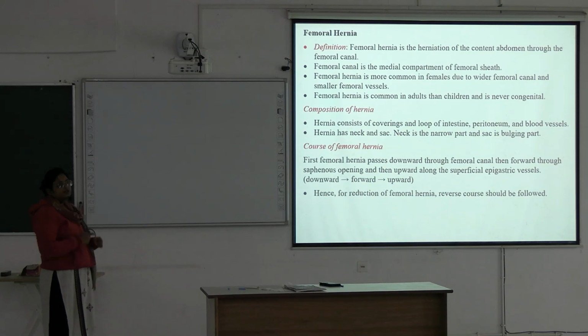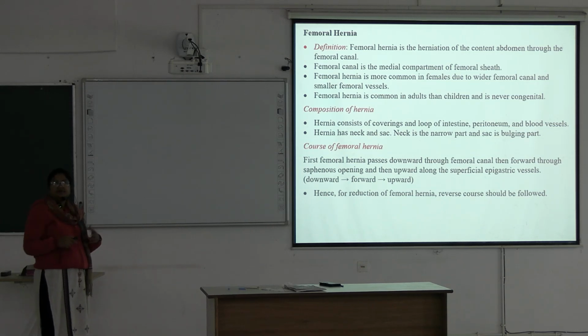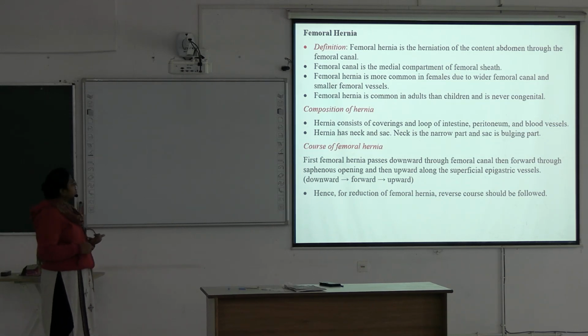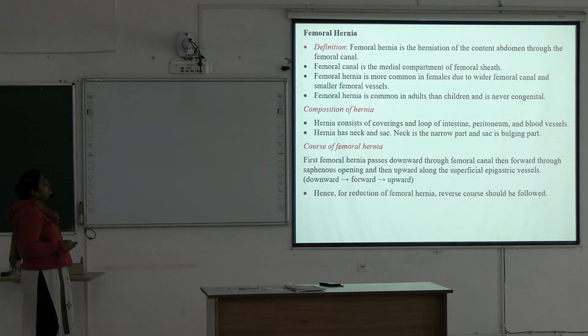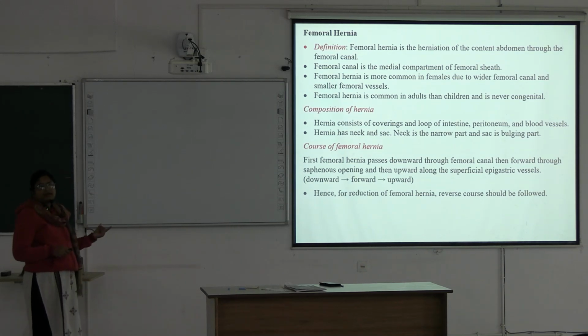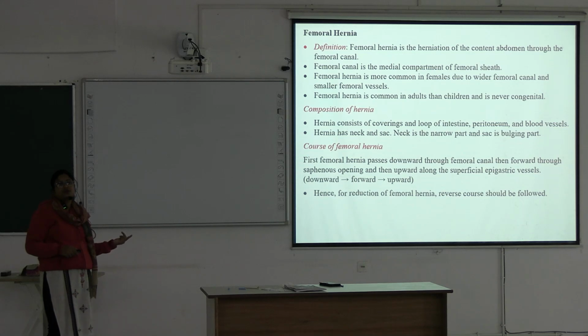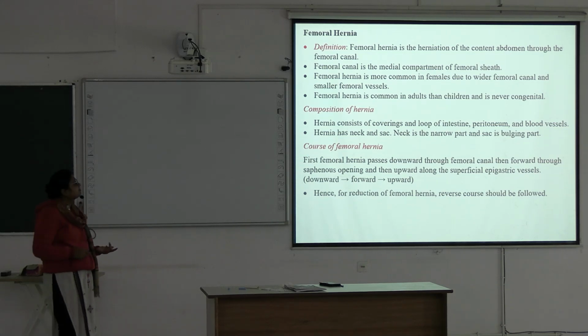So abdominal content will get more space for herniation as the vessels are smaller in diameter, and also the female pelvis is wider. Okay. This is very frequently given as an explain why question: why is femoral hernia more common in females? Okay, very important explain why question.